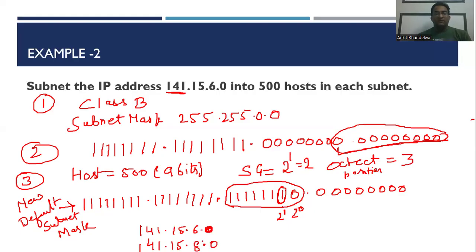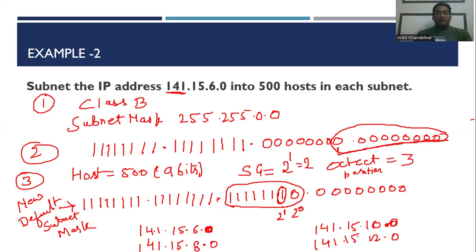Again, to this 8, we will add 2. The third network will start from 141.15.10.0. In this way, we are finding out the networks here. The next address will come out to be 141.15.12.0. In this way, we are going to have the networks.